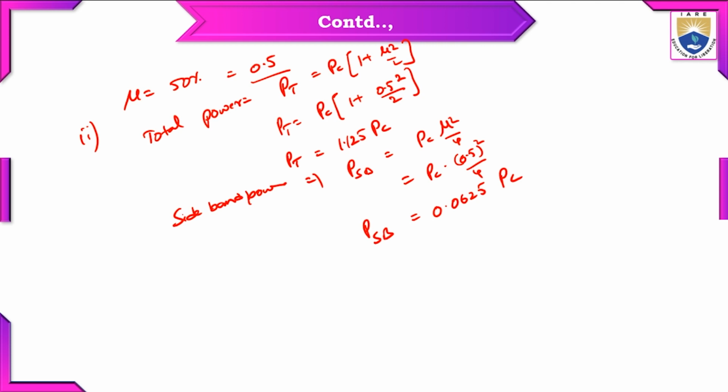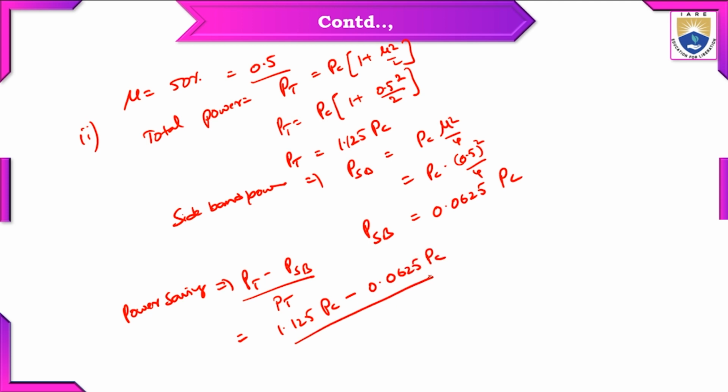Again, power saving. The formula is PT minus PSB divided by PT. Now we substitute: 1.125 PC minus 0.0625 PC divided by 1.125 PC.